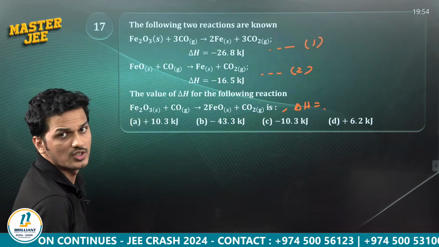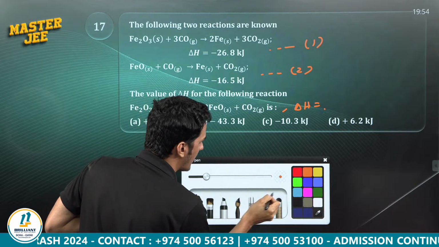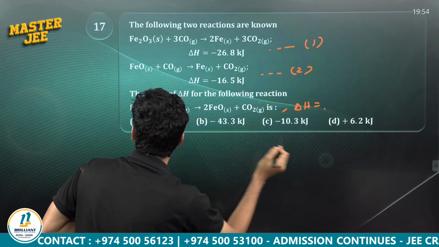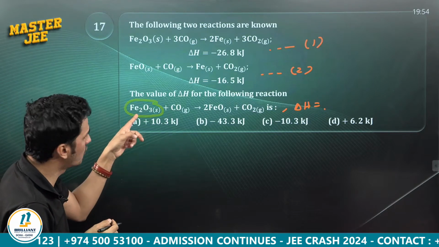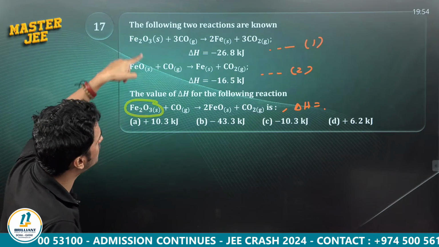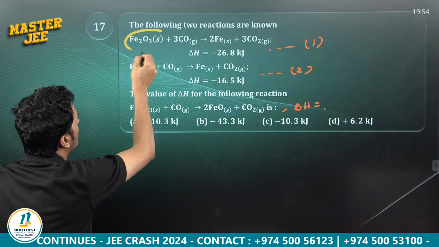While I am looking at the question, listen to me very carefully, guys. Here you need Fe2O3. You just check in the above two equations, is there anything containing Fe2O3? Yes. The first equation contains Fe2O3.